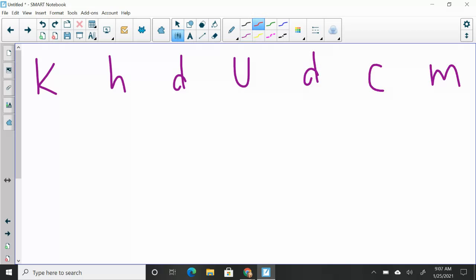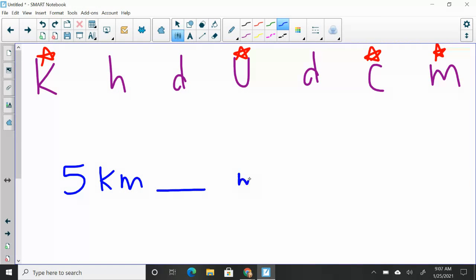And I'm going to star those ones that we're going to use the most. These four. Okay. If I said I have 5 kilometers, how many meters is that equal to? Oh, I didn't do that right. Whoops, 5 kilometers equals how many meters?